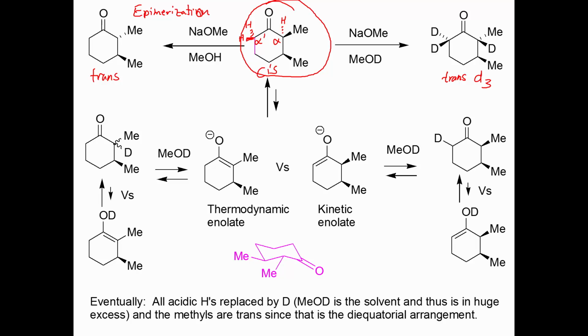There's a slight difference in the acidity of these 2 hydrogens, and generally we say this is the thermodynamic enolate because it's more stable, and that's because it has the more substituted alkene.